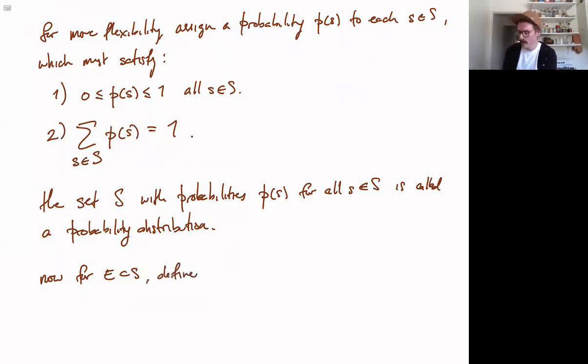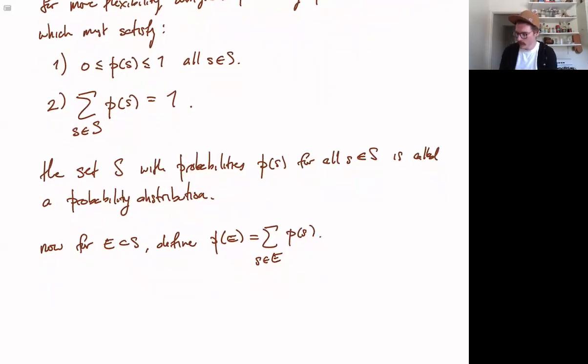So if we have a subset of the sample space in our probability distribution, we define the probability of this event to be the sum over the elements in the subset of P of S. So let me just write this statement again.